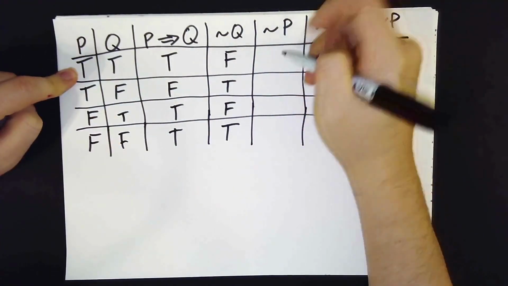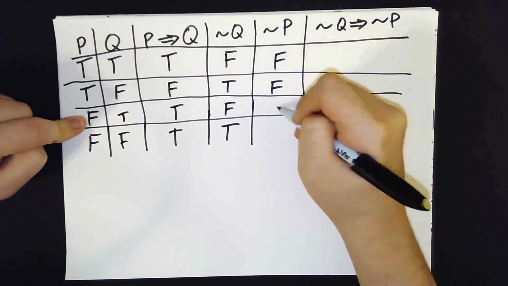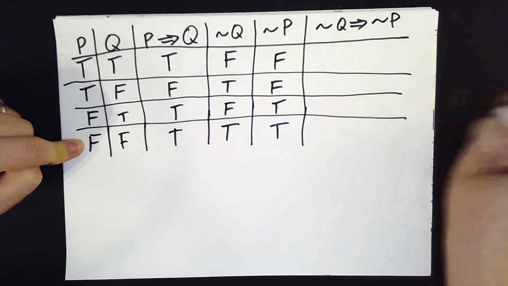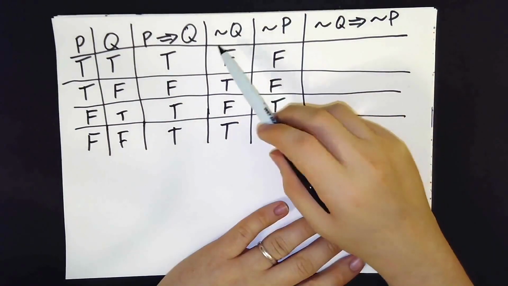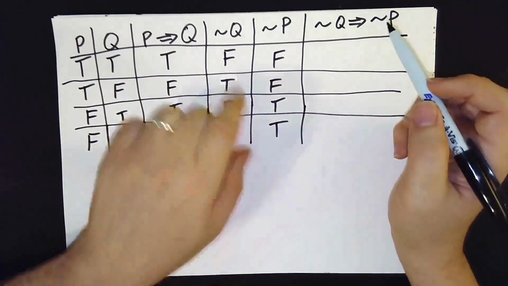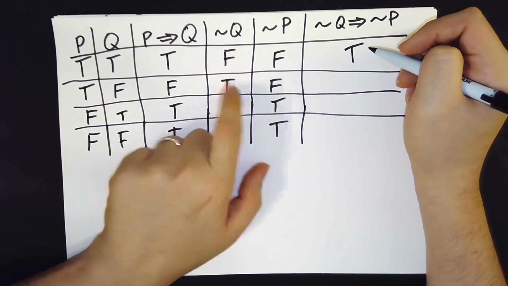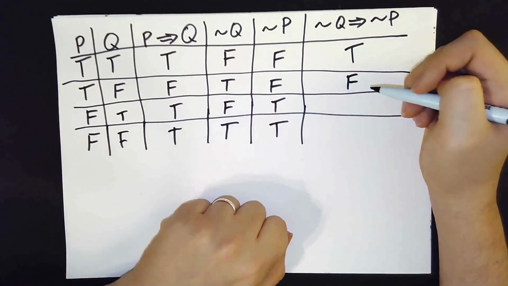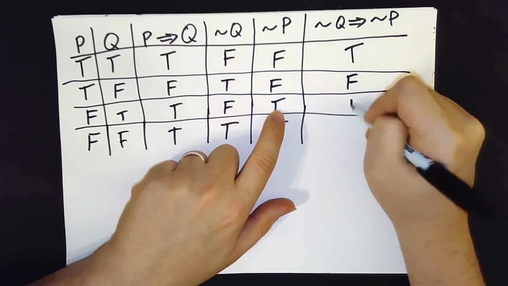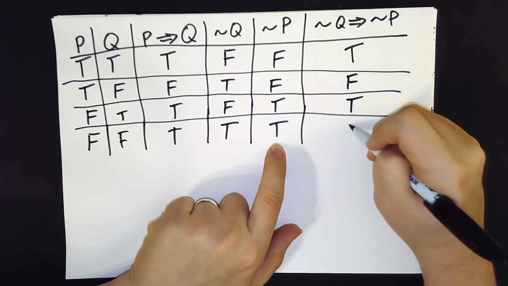This should flip P, so this should go false, false, true, true. And then not Q implies not P. This will be false implies false. That's true. True implies false. That's false. False implies true. That's true. True implies true. That's true.